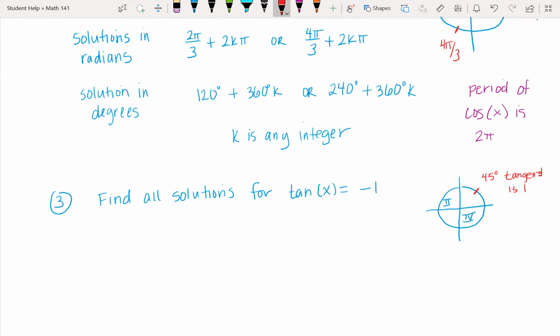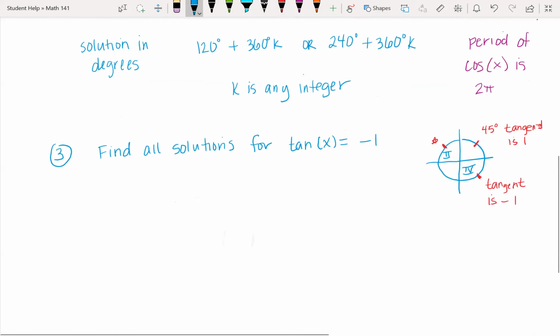So that means that over here and over here, that's where tangent is -1. So I think that my solutions are going to be 3 pi over 4, and then also 7 pi over 4, isn't it?